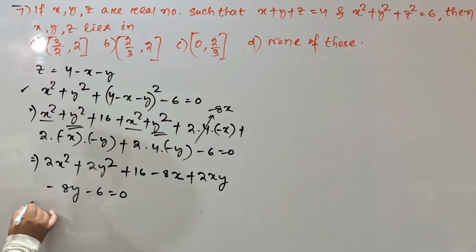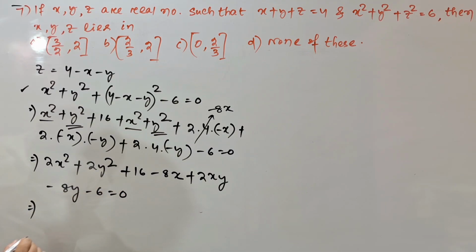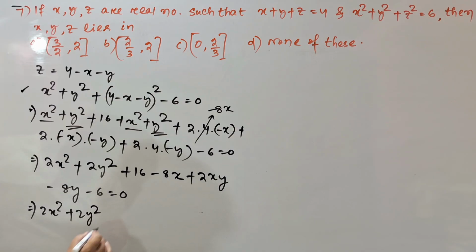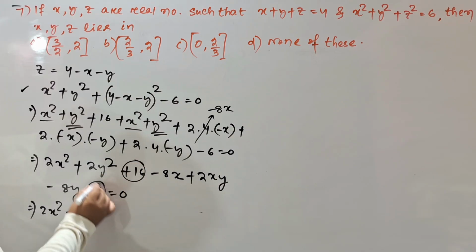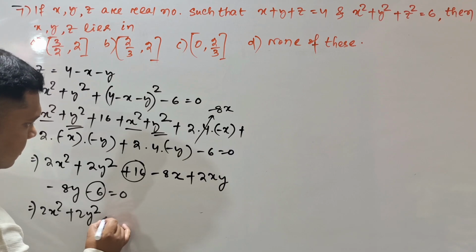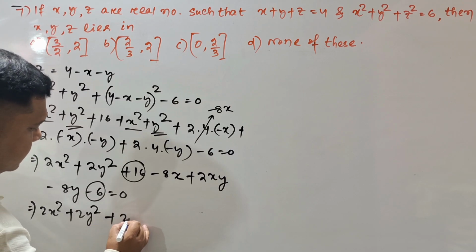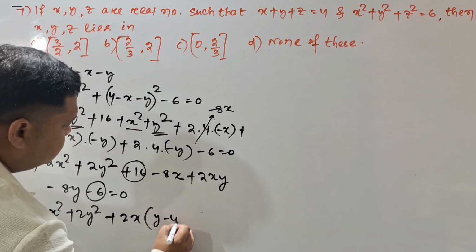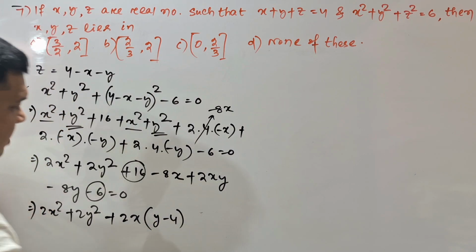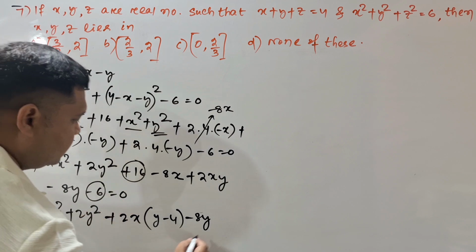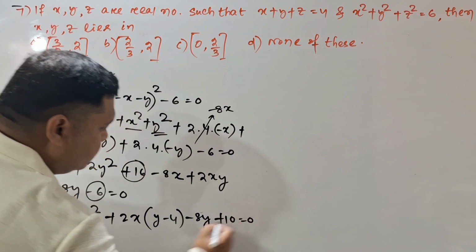So I take 2x square plus 2y square, then 16 minus 6 becomes plus 10. Here I can take 2x common, so it is 2x into (y minus 4), minus 8y, and minus 6 plus 16 is plus 10, equal to 0.